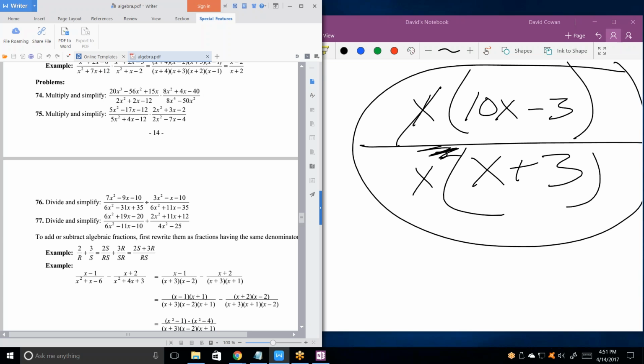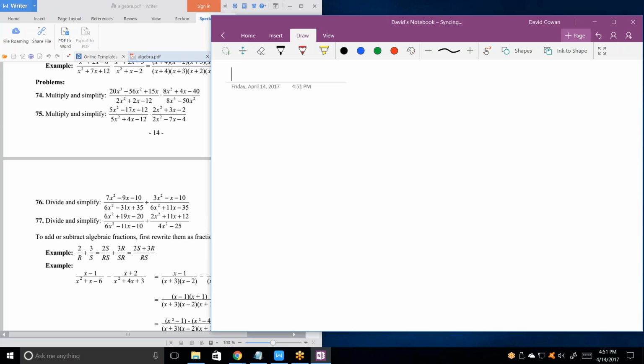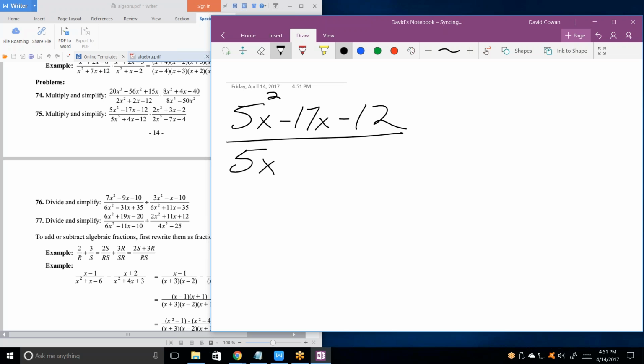Obviously I made one. It's not going to be worth going back and figuring out where I made my mistake. Let's just take their word for it. I know my process is proper. So let's go on to 75. Okay.